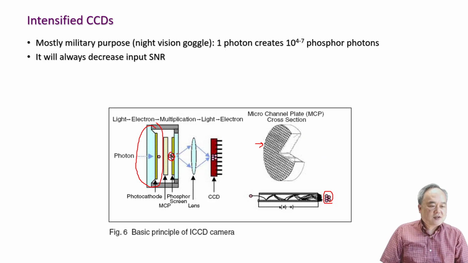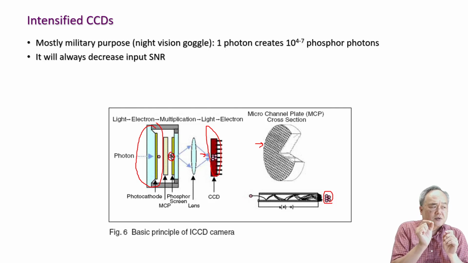This plate is then re-imaged through a lens and subjected to the CCD readout channel. Because of this intensification process, the signal-to-noise ratio is always worse than the original input data.